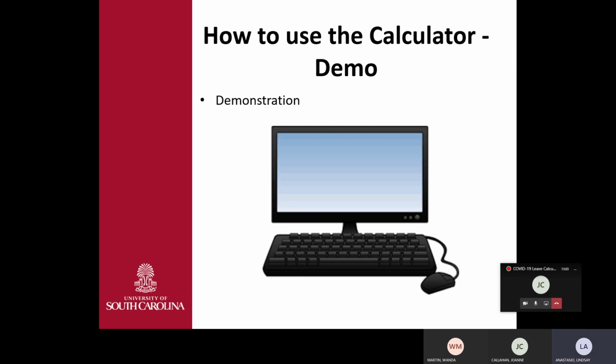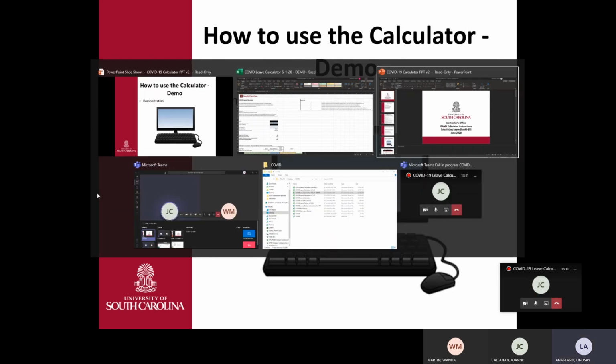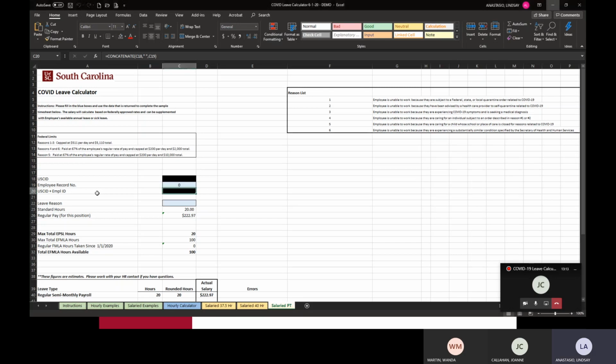All right, now we're going to walk through a demonstration of how to use the calculator. There are 4 different calculators that you can use depending on the type of employee that you are. There's one for hourly, salaried at 37.5 hours per week, salaried at 40 hours per week, and salaried part-time.